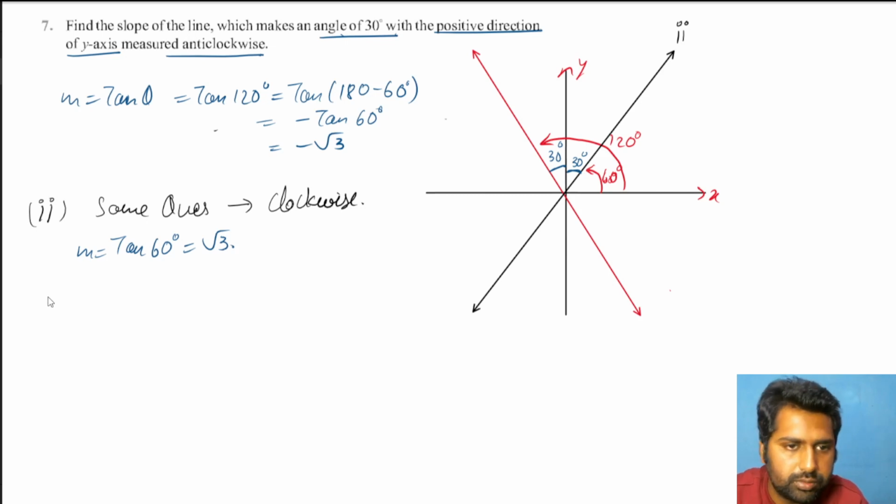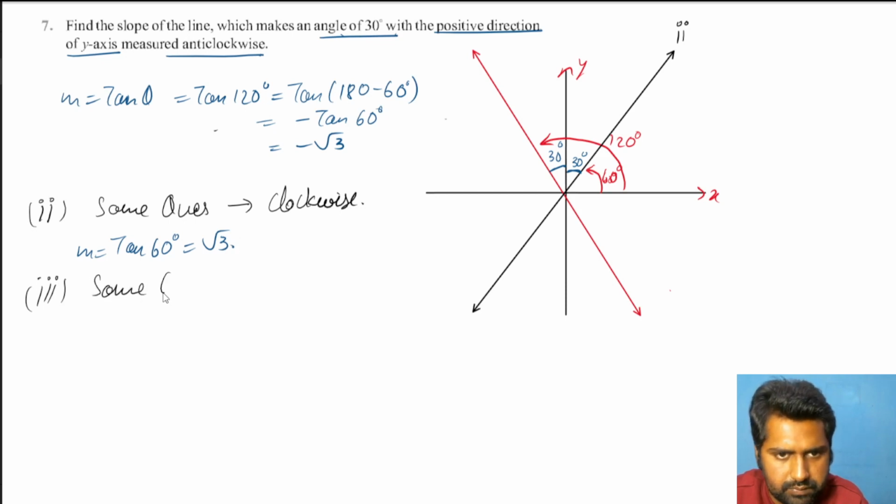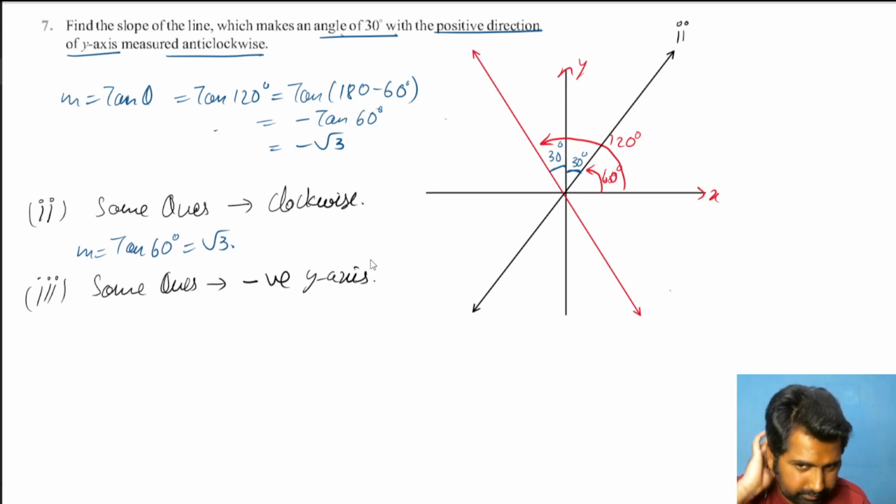let's do one more part, the third one. Same question with one variation. Instead of the positive y-axis, you are measuring it with the negative y-axis. So this time the angle is measured with the negative y-axis. So this means this is the negative y-axis, this one.